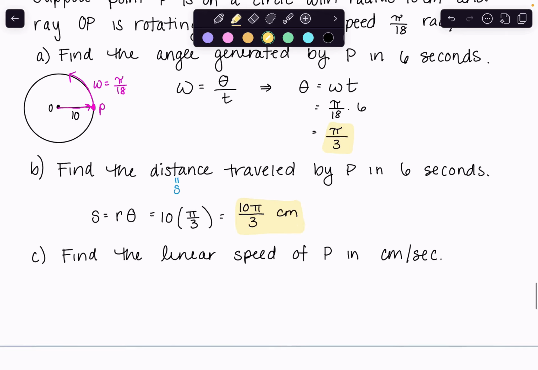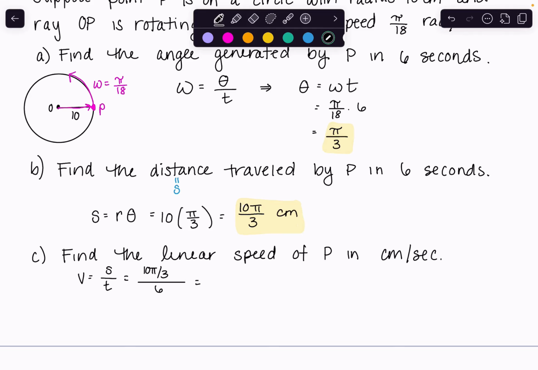Next up, I now want to find the linear speed of my point P in centimeters per second. And again, you can use either of these formulas, but your speed is equal to your distance over time. And in our case, the distance is the arc length, because that is what it's traveling. My arc length is 10 pi over 3. My time is 6 seconds.